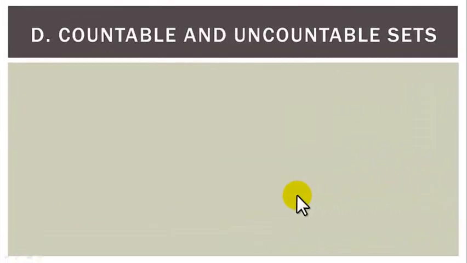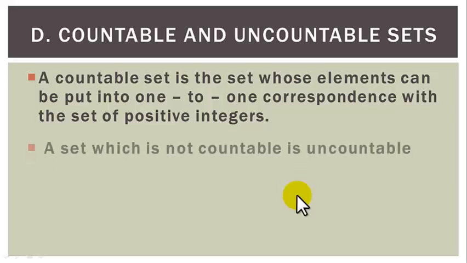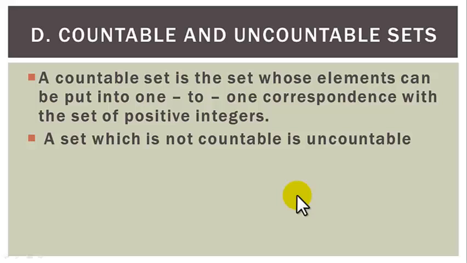D. Countable and uncountable set. A countable set is a set whose elements can be put into one-to-one correspondence with the set of positive integers. A set which is not countable is uncountable. Example 4. 1.